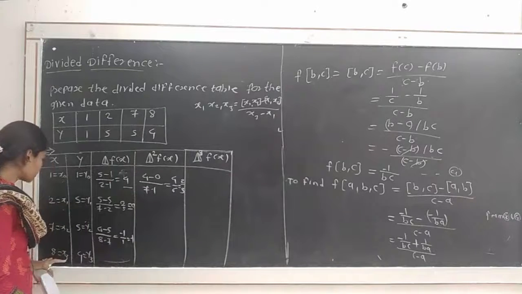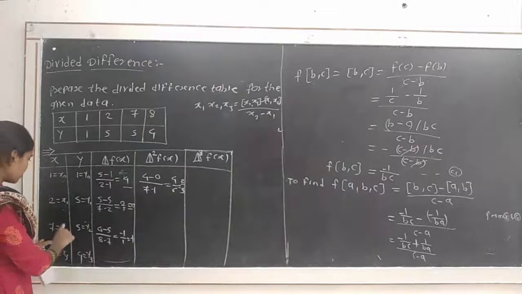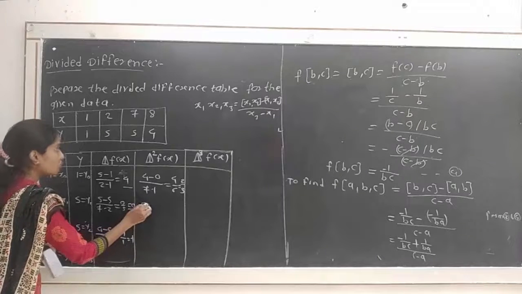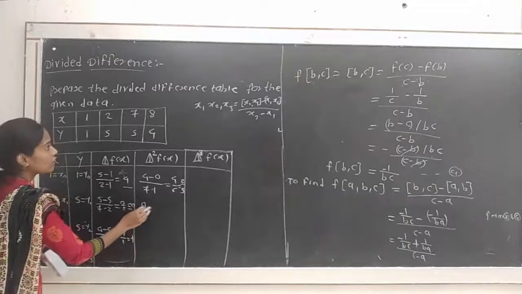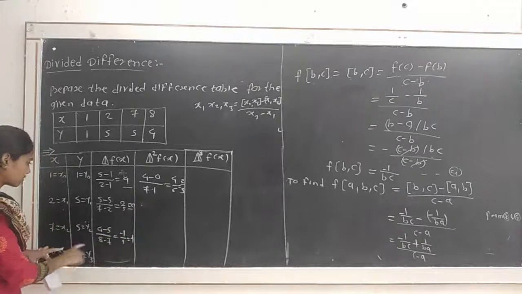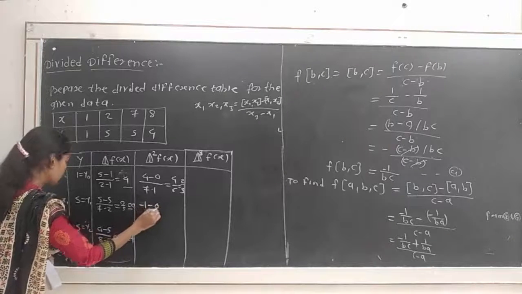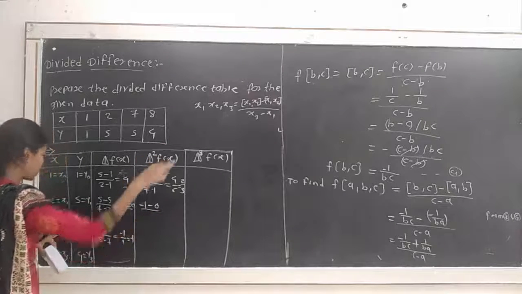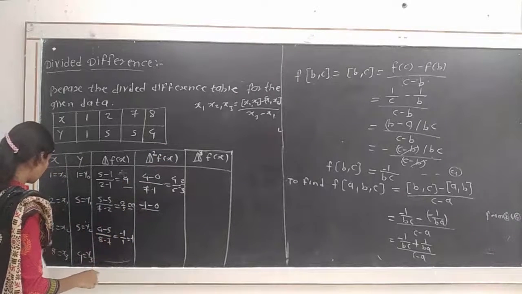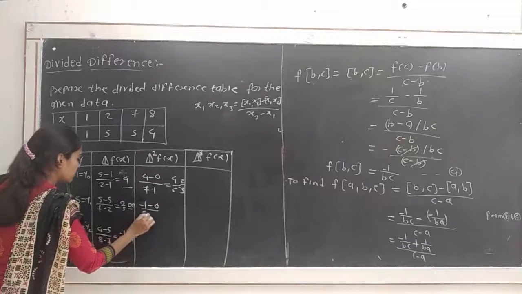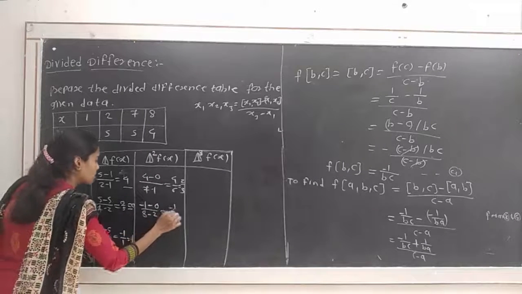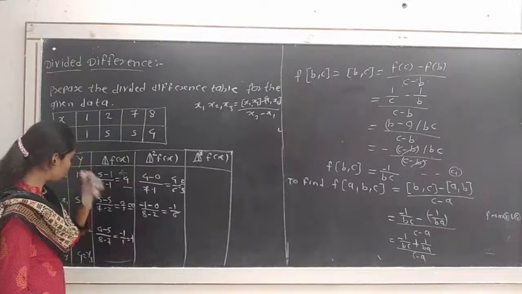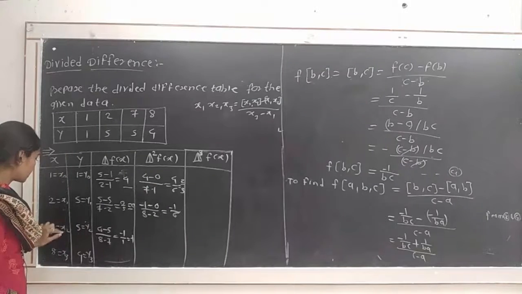The divided difference for x1, x2 is 0, and for x2, x3 it is minus 1. So minus 1 minus 0 divided by x3 minus x1, that is 8 minus 2. So we get minus 1 divided by 6. This is the second divided difference for the argument x1, x2 and x3.